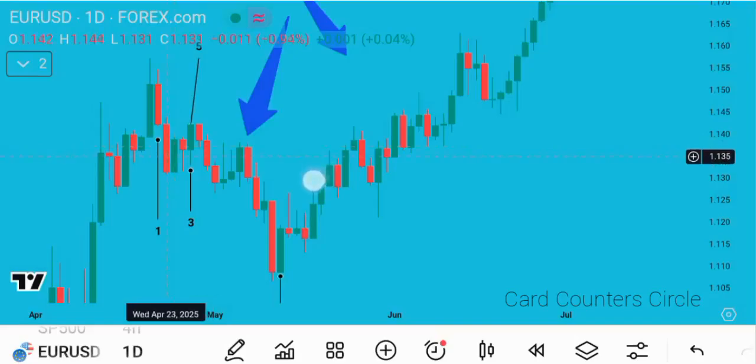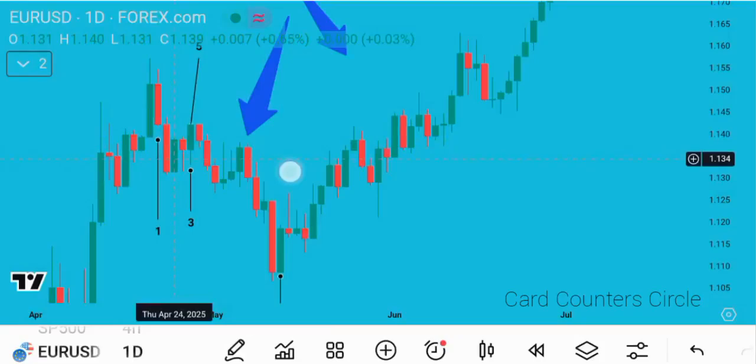So we have 1, 2, where 2 ended with this red candle, and then 3, 4, 5. But the first convergence is between these two candles, 1 and 2. So when I see this candle begin to change its move, I know that we're retracing, because we already have 1 here and 2, 1 here and 2, and now the third candle is a different color altogether.